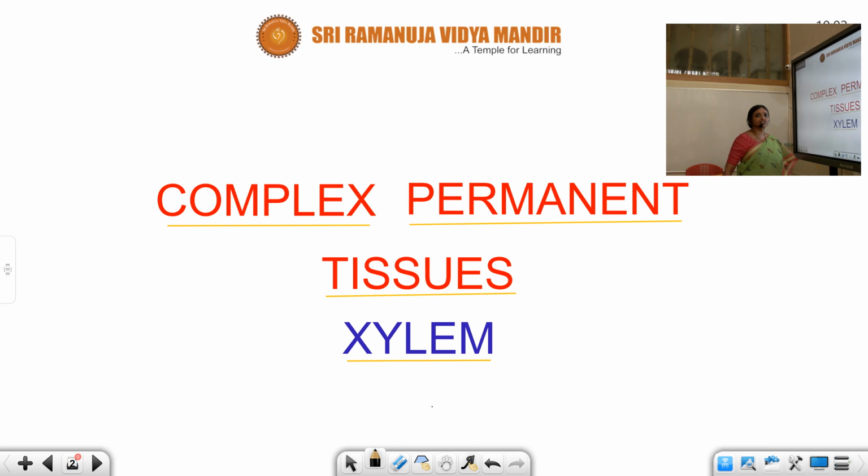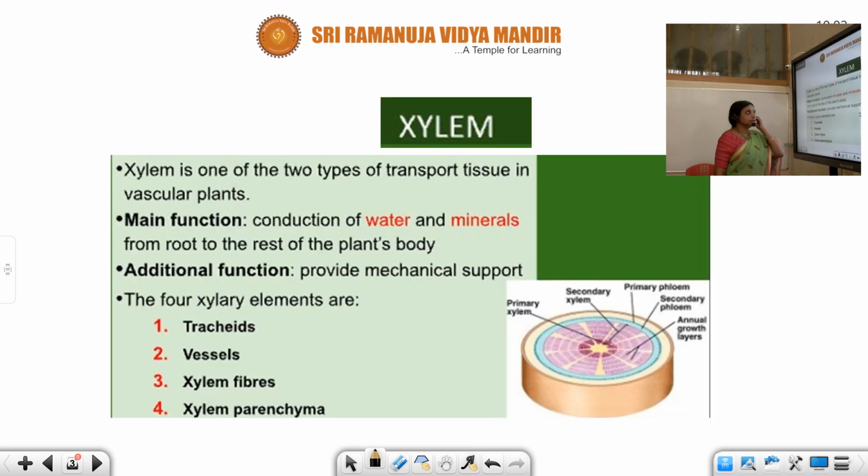So let's see what is xylem. Xylem is a Greek word, which came from xylon, or xylos, and the meaning of xylon is wood. So wood and xylem are synonyms for each other.